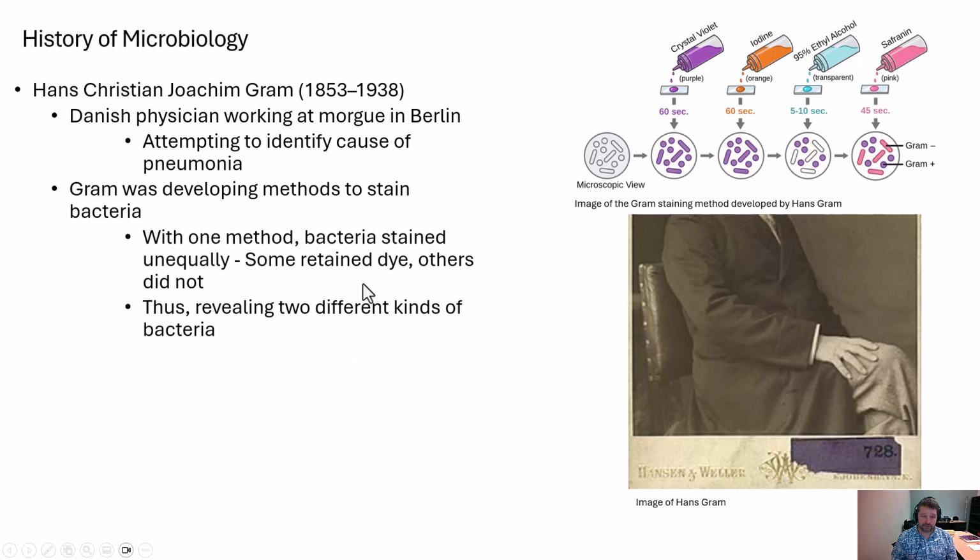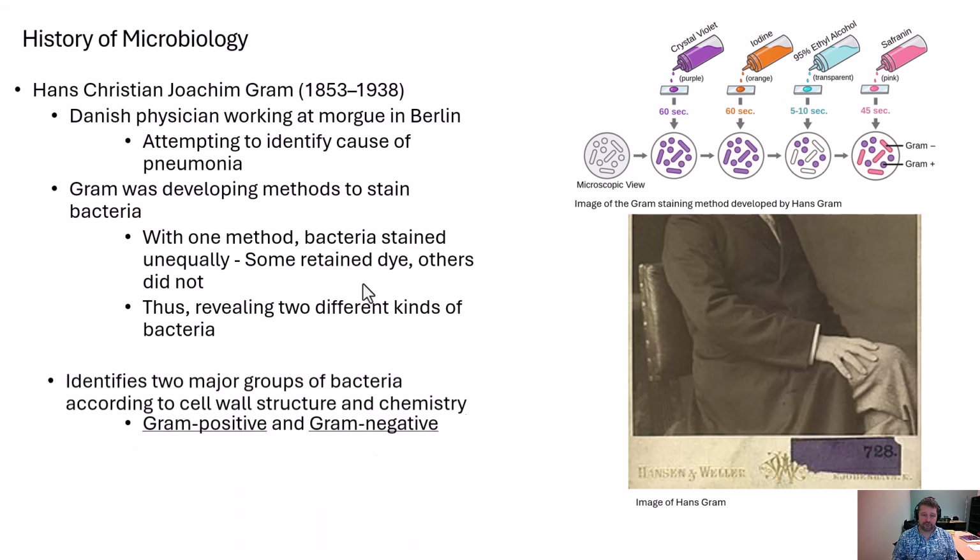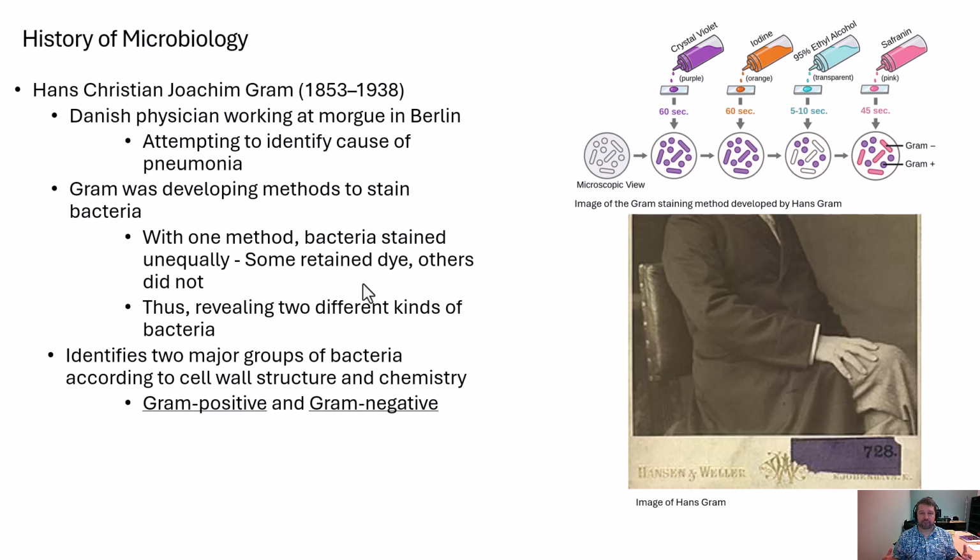By devising this, we now know there are two main kinds of bacteria based on this staining method: those with thick peptidoglycan layers in their cell wall, which we call gram-positive, and those with a thin peptidoglycan layer and a capsule that covers that, which we call gram-negative.